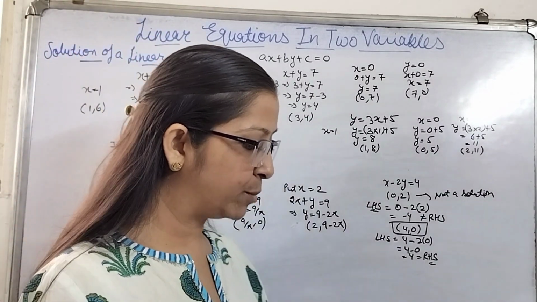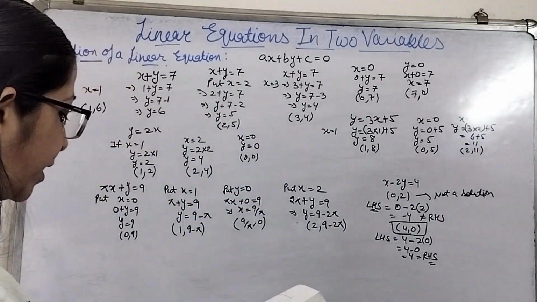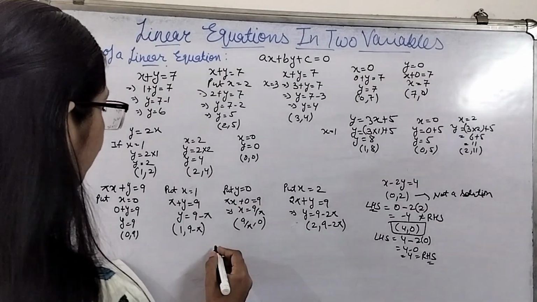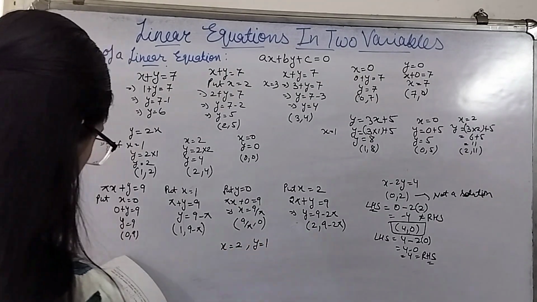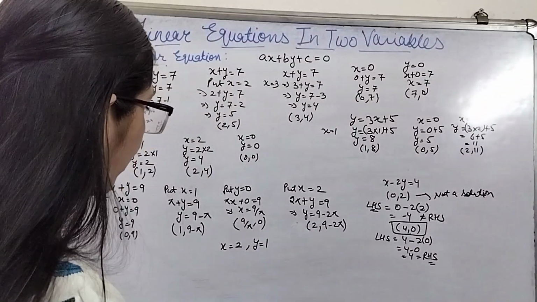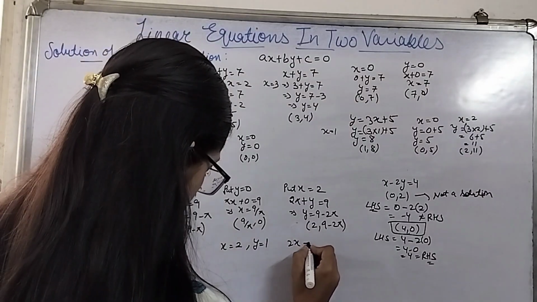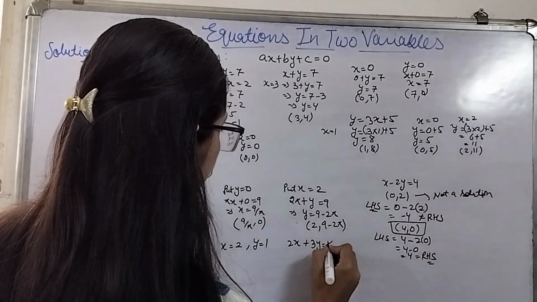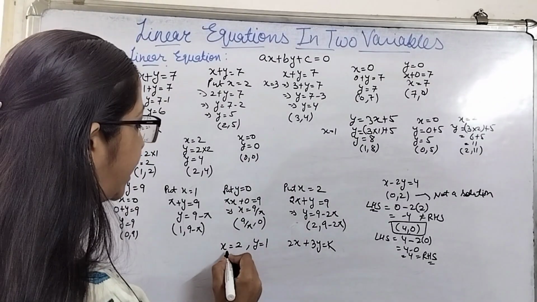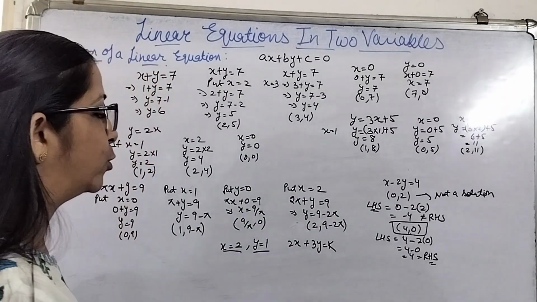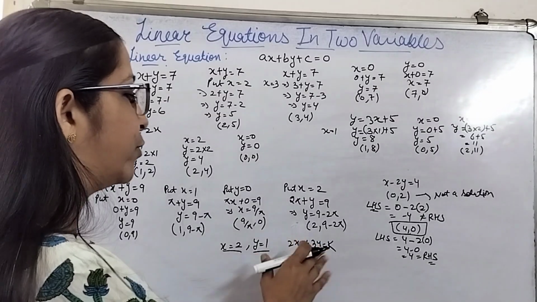Now let's see question number 4. Find the value of k if x equals 2 and y equals 1 is a solution of the equation 2x plus 3y equals k. It is given that x equals 2 and y equals 1 is a solution of the equation.